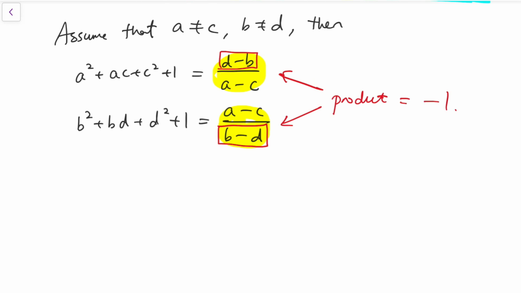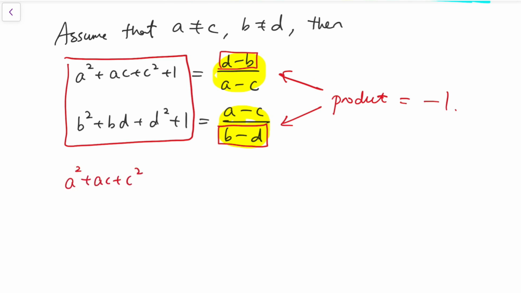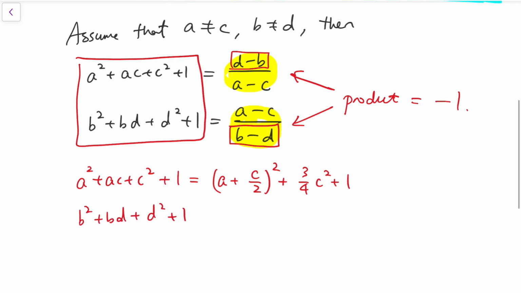But on the other hand, looking at the expressions on the left, they're actually both strictly positive. Indeed, a squared plus ac plus c squared plus 1 can be written as a plus c over 2 all squared plus 3/4 of c squared plus 1, and we can do similar things on the other expression about b and d.